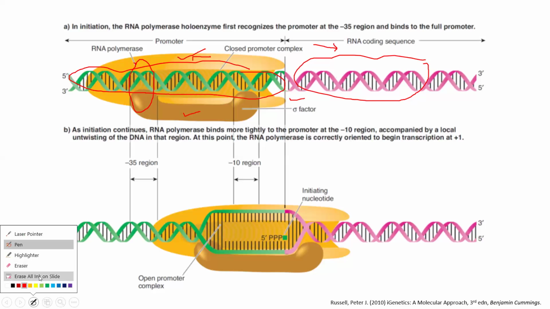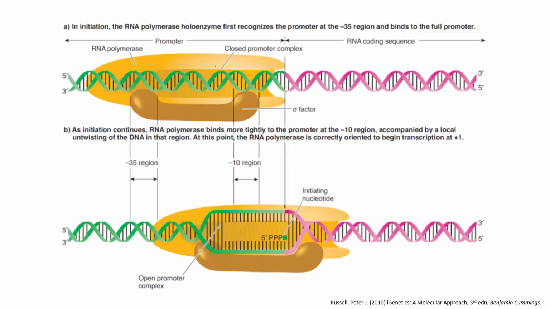And this is the reason this stage is called the closed promoter complex. So the RNA polymerase has recognized the -35 sequence, it's bound to the full promoter, but denaturation has not happened yet. So closed promoter complex.